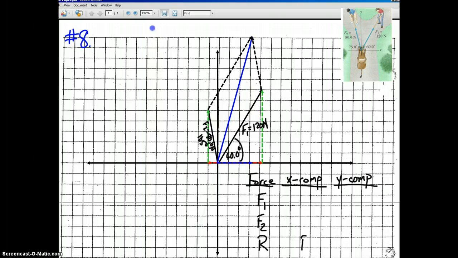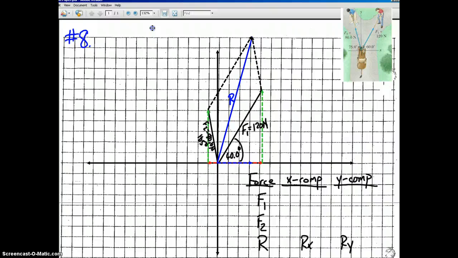The reason we're doing this is because we're looking for Rx and Ry, so that we can use the Pythagorean theorem to find R, and we can also use the tangent function to find the angle of our resultant as well.